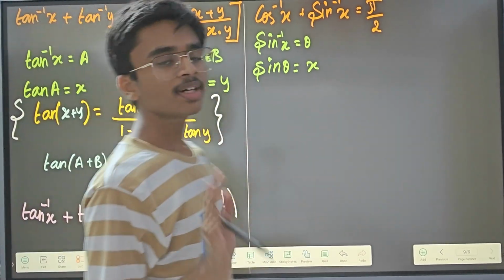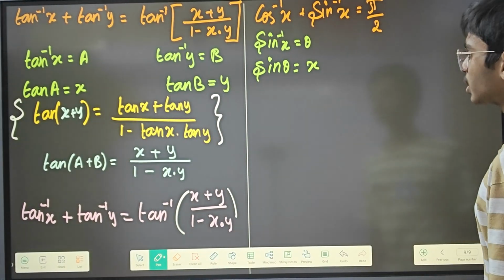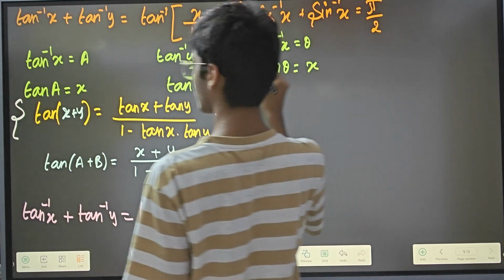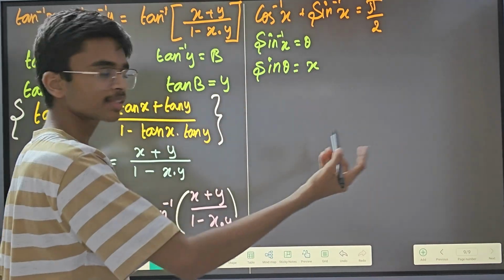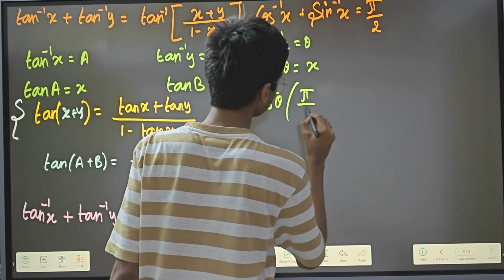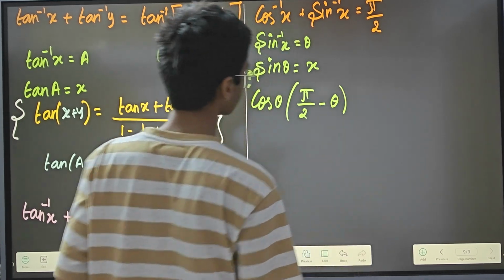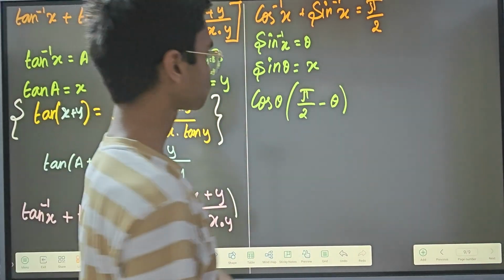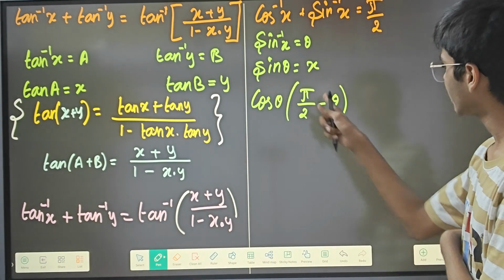As I said, you can convert sin theta into cos theta by using some formulas. So how will you convert this sin theta into cos theta? Very simple: cos of pi by 2 minus theta. Why minus and why not plus?